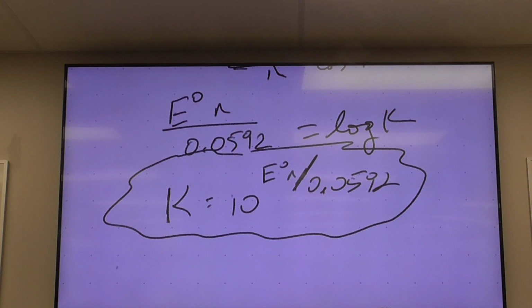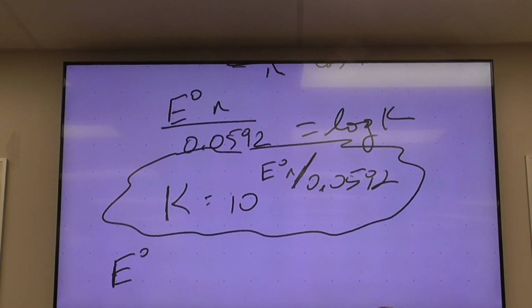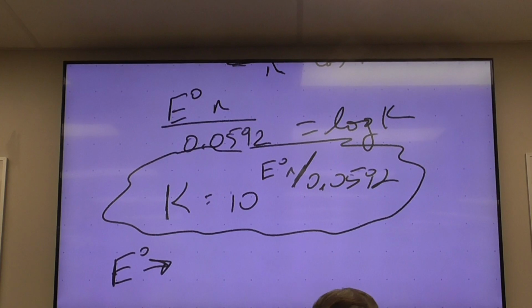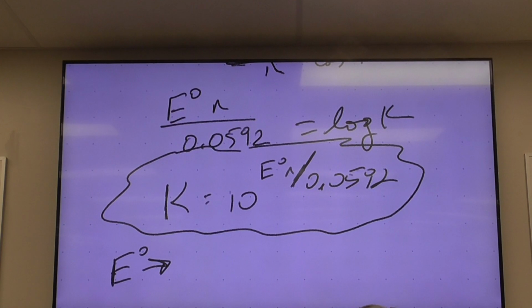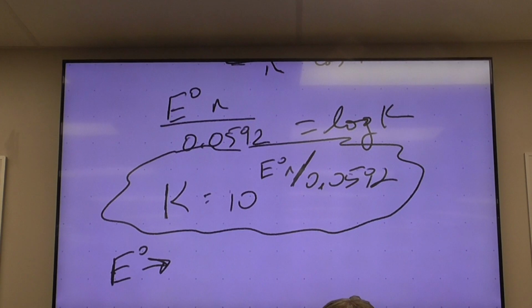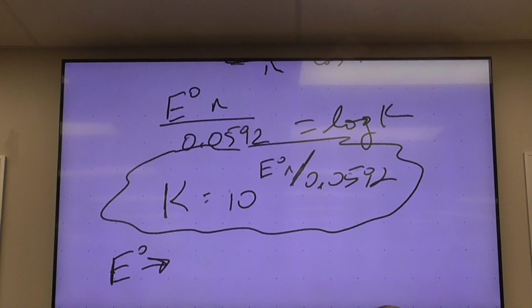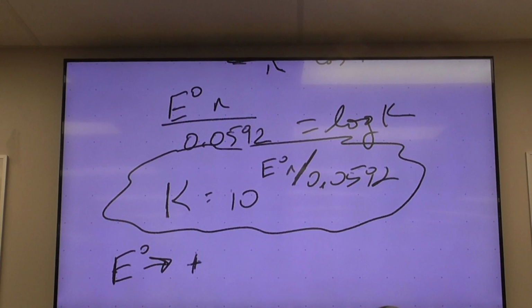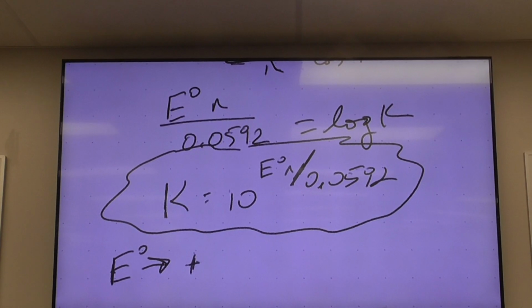Let's say E naught is a positive value. What does that mean in terms of spontaneity? If it's positive, that means it's spontaneous, and it goes toward equilibrium.